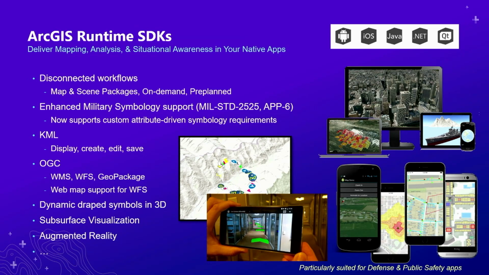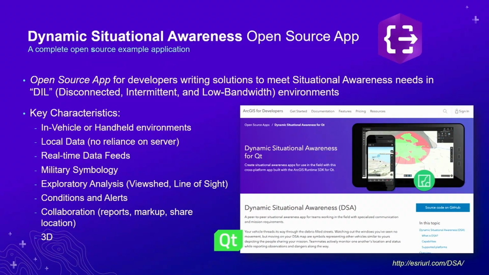And actually a couple of years ago, we released an open source app for developers building situational awareness solutions intended for disconnected, intermittent, and low bandwidth environments. The app is called Dynamic Situational Awareness, or we call it DSA for short, and it's written using the ArcGIS Runtime SDK for Qt. It includes best practices for key workflows such as working offline, working with near real-time data feeds, for exploratory analysis, alerts, geofencing, and some collaboration tools.